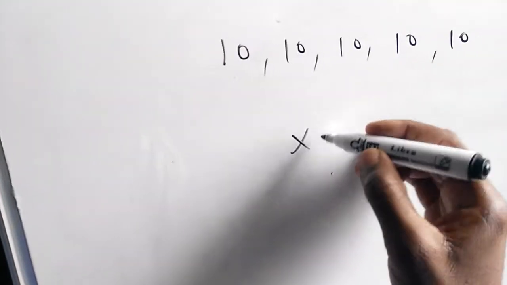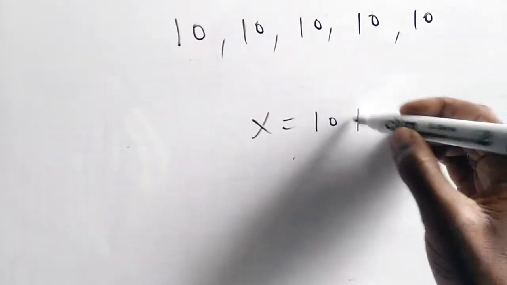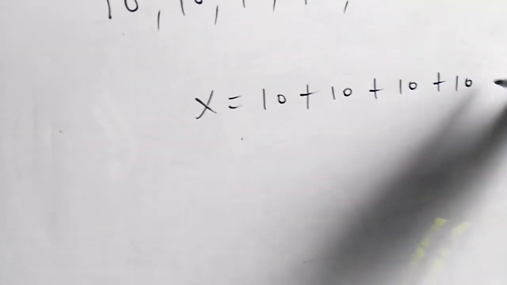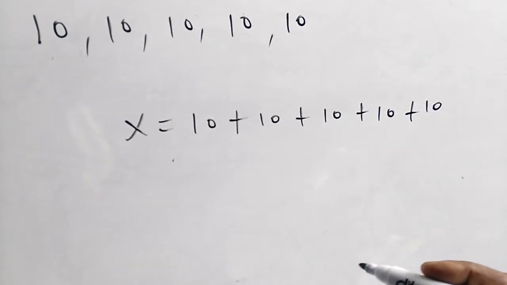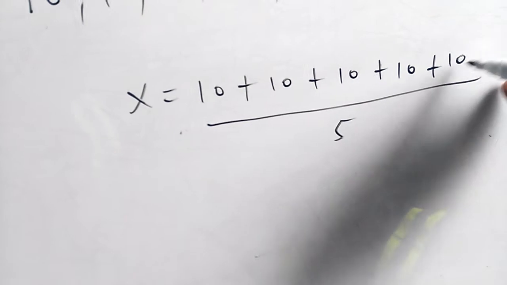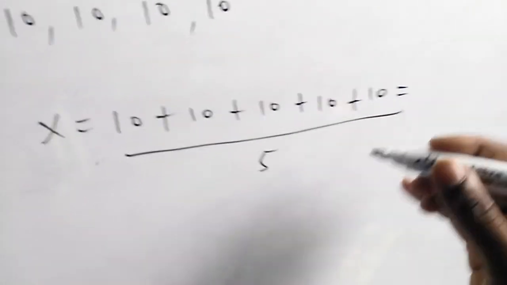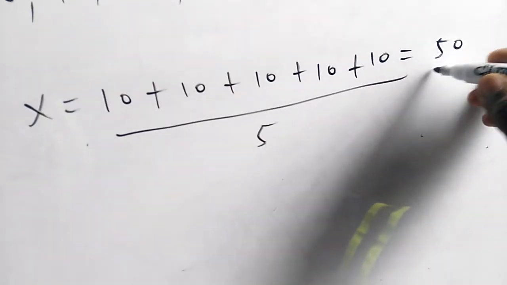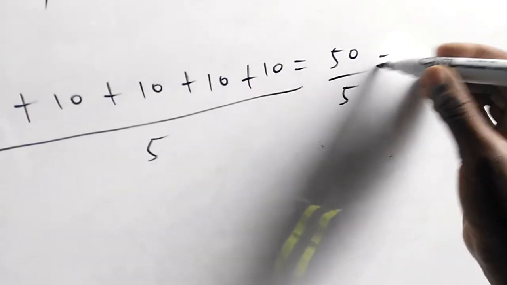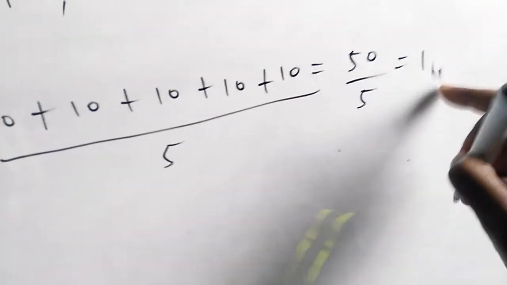So the mean would be the addition of the marks there, divided by how many they are. Divide by 5. The mean would be 50 divided by 5.